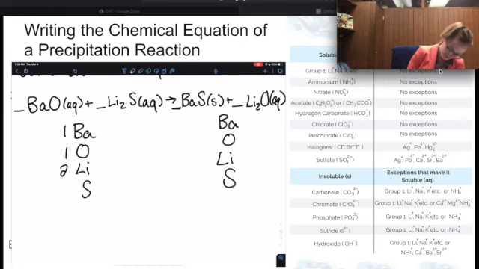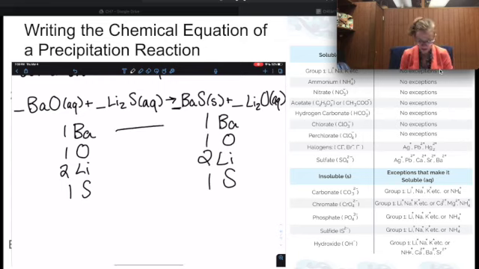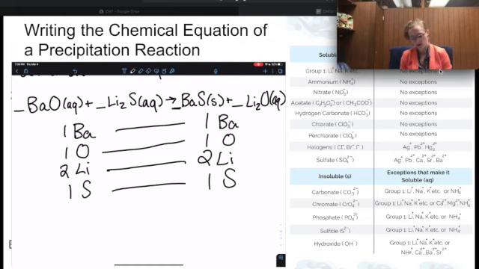Lithium sulfide gives me 2 lithium, 1 sulfur. On the product side, I have barium sulfide, so I have 1 barium, 1 sulfur. I have lithium oxide, which gives me 2 lithium, 1 oxygen. So I have 1 barium, 1 oxygen, 2 lithium, 1 sulfur on each side. We are balanced. Check. So there's no need to go through any sort of balancing here.